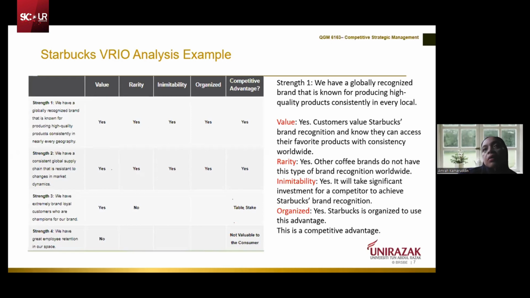That is actually not so good about Starbucks. So there's a no. The value, no. Rarity, we are not sure. If you're not sure, you just put no, or leave it blank.